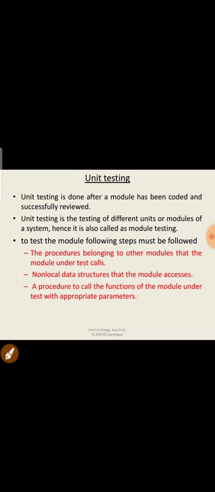Whatever functions we have developed in our module, we test each and every function of this module by using appropriate parameters. These are some steps which we must follow during module testing or unit testing.